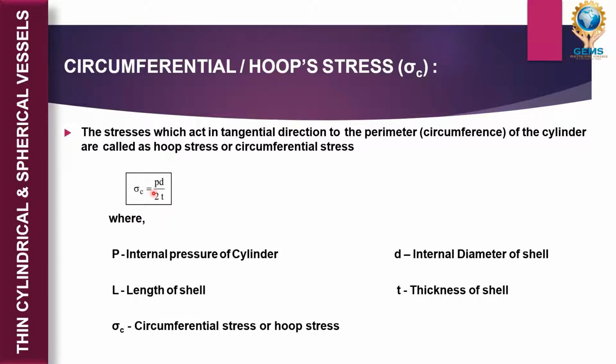Sigma c is equal to P d divided by 2 t, where P is the internal pressure of the cylinder, L is the length of the cylinder, sigma c is the circumferential or hoop stress, d is the internal diameter of the shell, and t is the thickness of the shell. So this is the definition and the formula for circumferential or hoop stress.